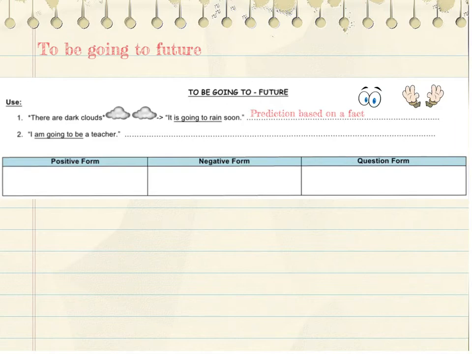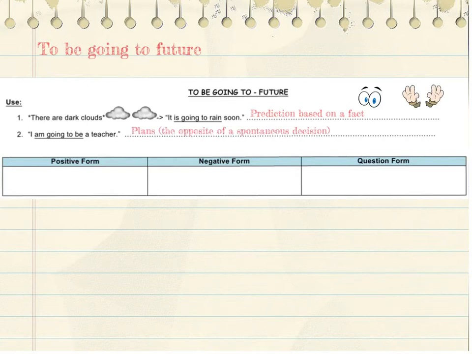And here I'm giving you the example. You're outside right now and you can see that there are dark clouds in the sky. So you say, oh, it is going to rain soon. And this is an example of a to be going to future, because we can see that something is going to happen. We also use to be going to future for plans.